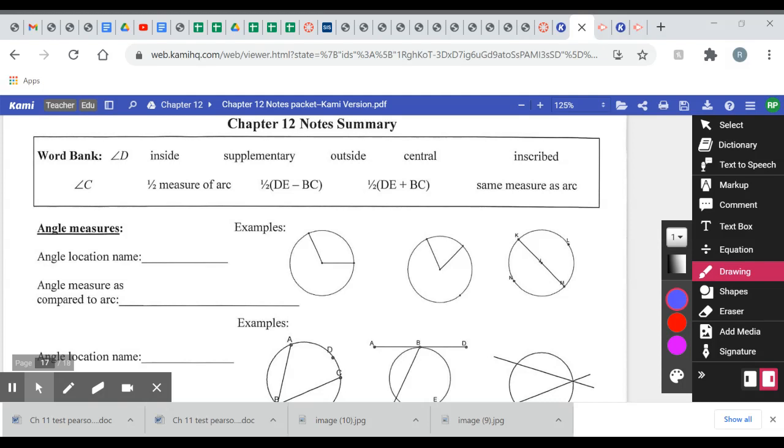First up, it's showing you 3 pictures here, and the angle we're looking at in these 3 pictures would be a central angle. Again, the angle measure is the same as the arc.